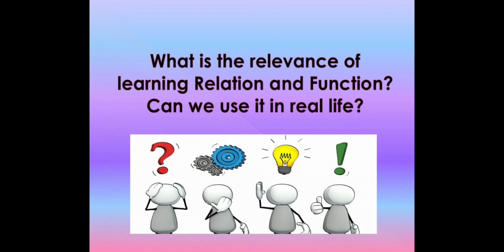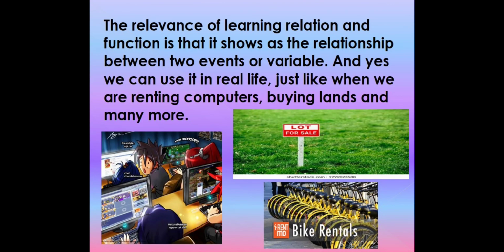Can we use it in real life? Yes, you are right. The relevance of learning relation and function is that it shows us the relationship between two events or variables. And yes, we can use it in real life, just like when we are renting computers, buying lands, renting bikes, and many more.